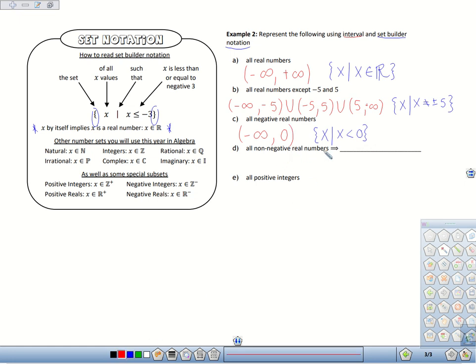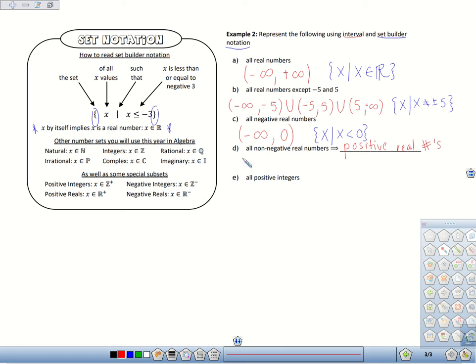Now, if we're talking about all non-negative real numbers, what do you think of when I say non-negative numbers? Good, numbers that are more than 0. What other way would you say it? Positive numbers, right? So this would be all positive real numbers. So if we're talking about positive numbers, we know those numbers are going to be greater than 0, right?